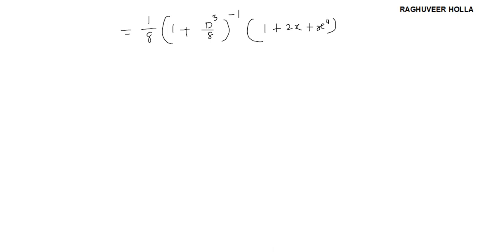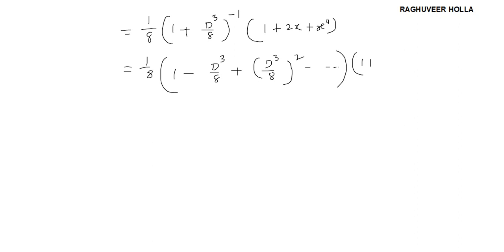Okay, now let us try to expand this 1 by 8. Now this would be 1 minus D cube by 8, and plus D cube by 8 whole square, and so on. So this is multiplied by 1 plus 2x plus x power 4. Okay, so I get 1 by 8.